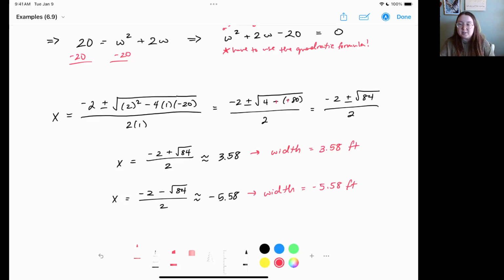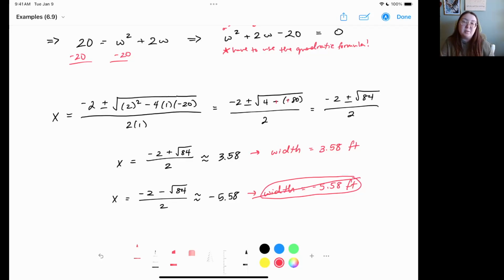Now, when we get answers, we also want to think about the context of these answers. If we were told, hey, the width is about 3.58 feet, okay, that would make sense. But if you're told the width is negative 5.58 feet, well, you can't really have negative width. So that answer doesn't make any sense. So while you do get two numbers, one may not be useful to you.